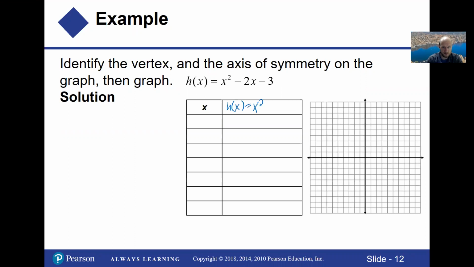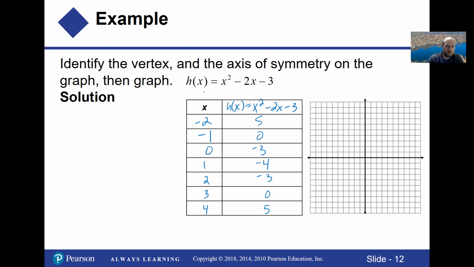Here are the x values that are going to be best to use here: negative 2, negative 1, 0, and then 1, 2, 3, 4. And that's going to end up giving you 5, 0, negative 3, negative 4, negative 3, 0, and 5.